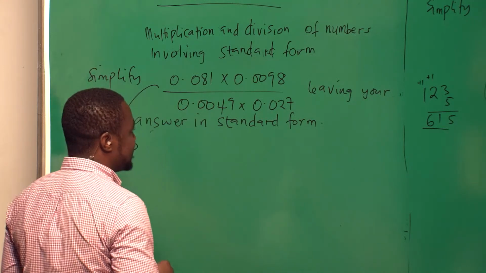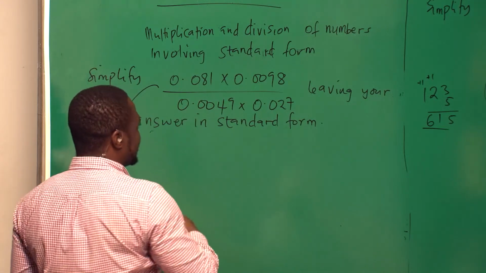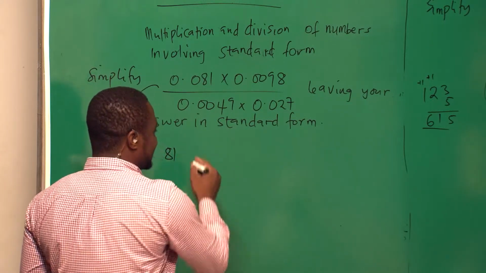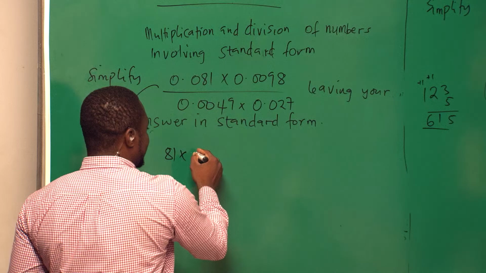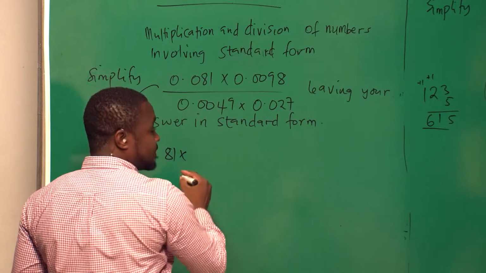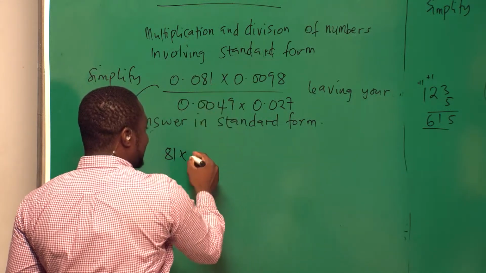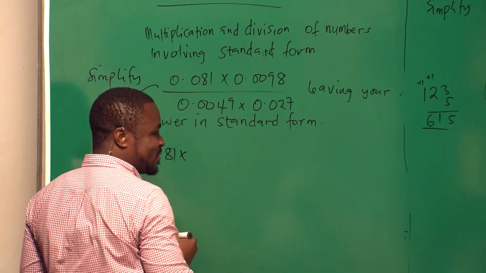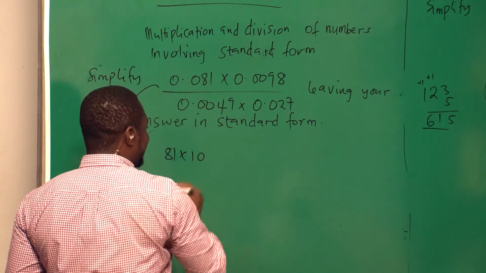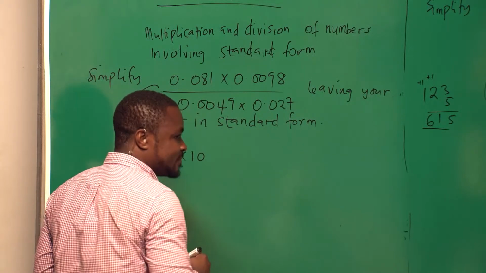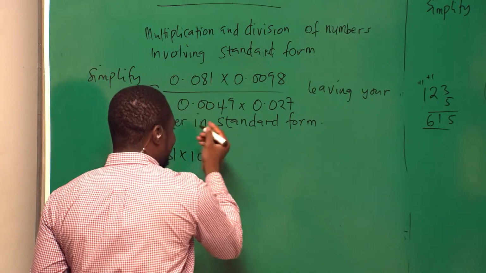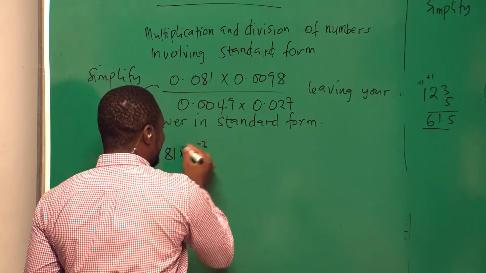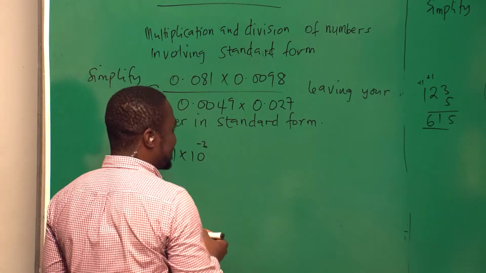Sir, please, it will be 81 times 10 exponent, and don't forget, you have moved the point. Positive or negative? So negative 3.